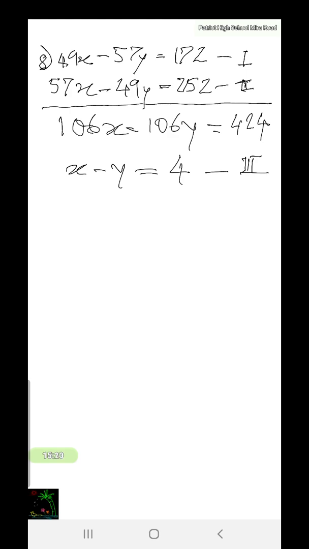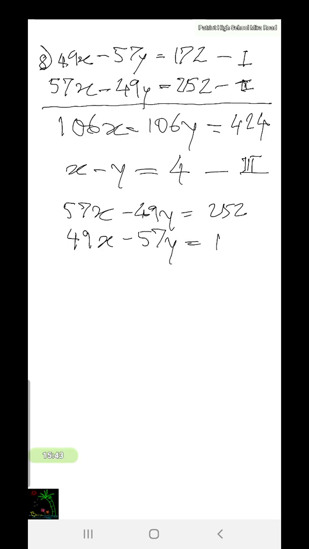Subtracting equation 1 from 2, we have 57x minus 49y is equal to 252, and we subtract the equation number 1, 49x minus 57y is equal to 172. So all quantities which are positive will become negative, and those which are negative will become positive.